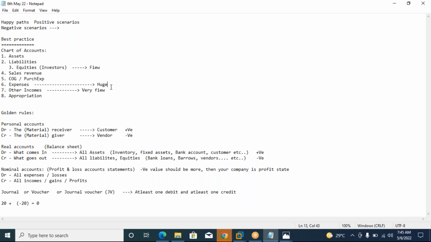Okay, more ledger accounts in this one. This is the reality for any implementation.